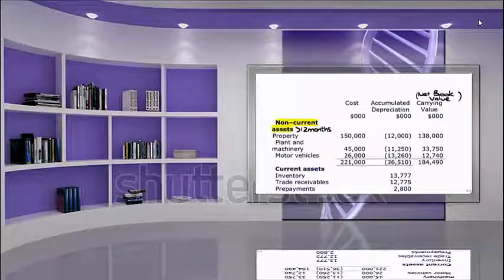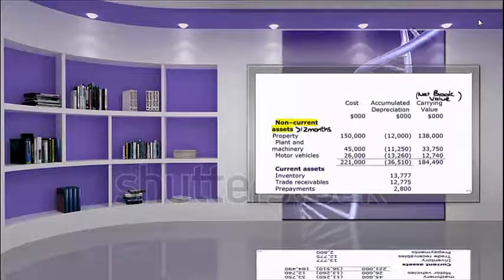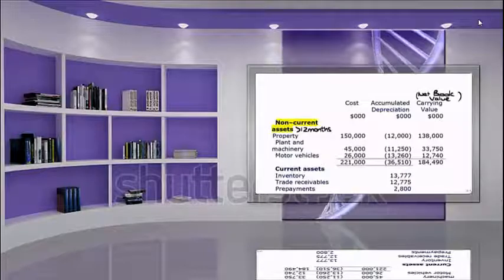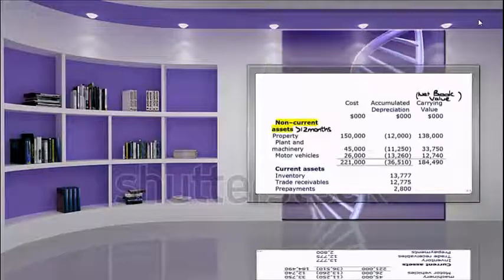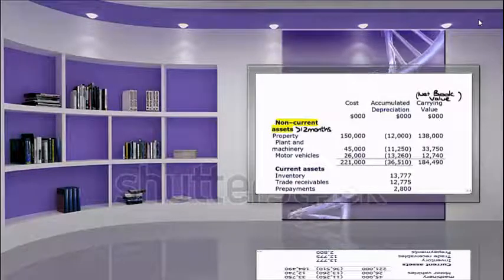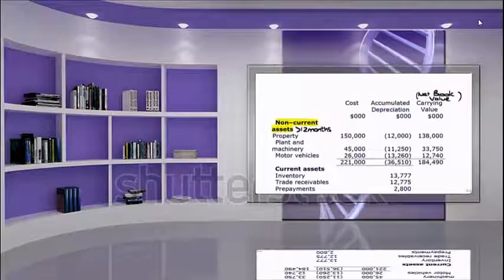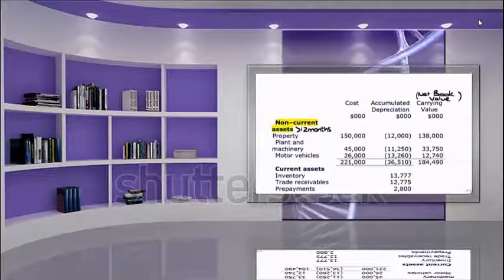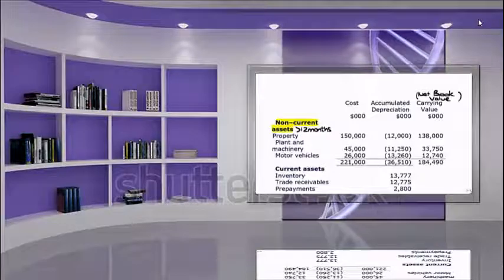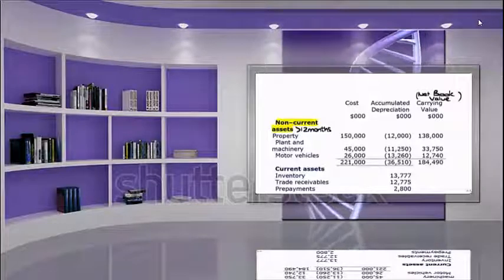Now again, it's going to be likely that we're going to keep that machine for a period greater than 12 months. And if that's the case, we're going to record it at its original cost minus any accumulated depreciation to give the carrying value.